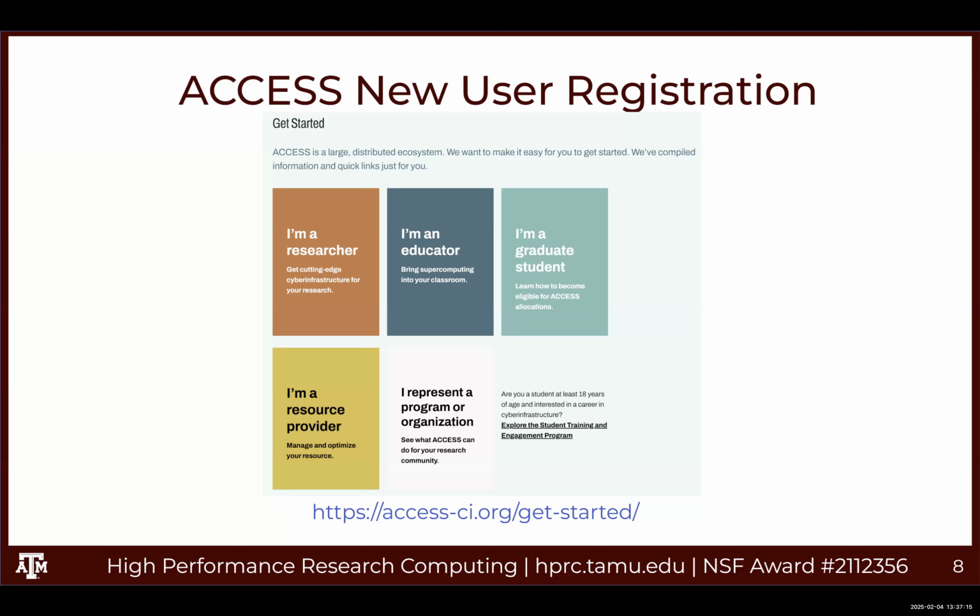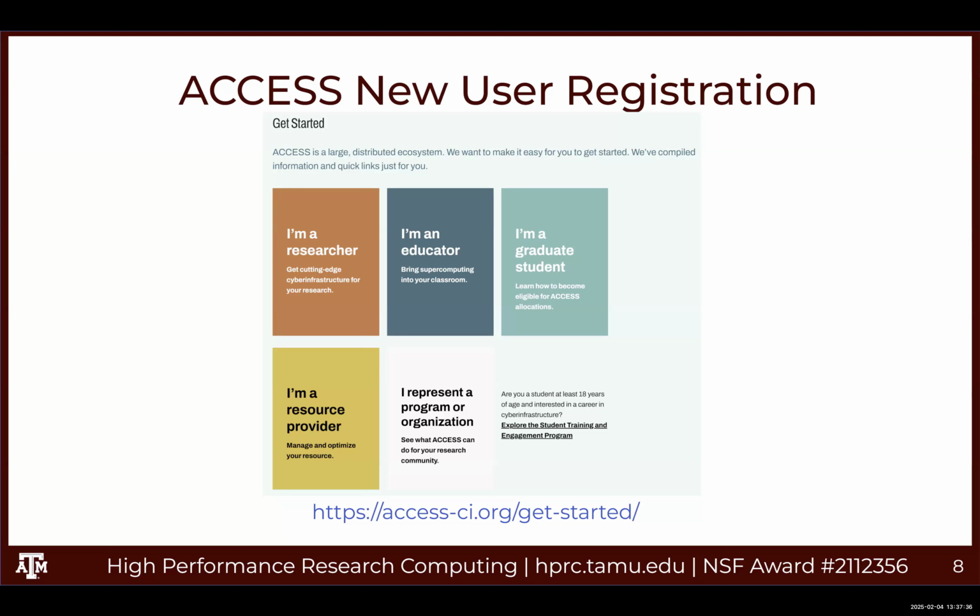So access is, as we'll see in a moment, we'll see what it all stands for. But basically, you can see here, it's a big ecosystem. And so there's a lot of clusters across the nation that are available for people with an ACCESS ID to use.